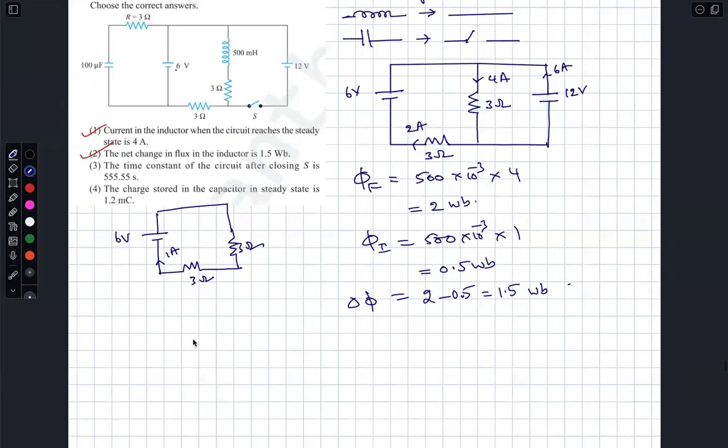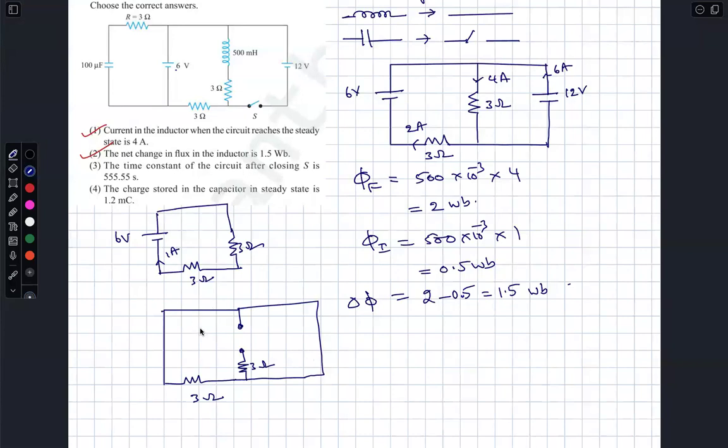Replace battery with their internal resistances. Just replace the battery with their internal resistances. If you replace the battery with the internal resistance, 3 ohm across the inductor, ohm, and you have just shorted it.